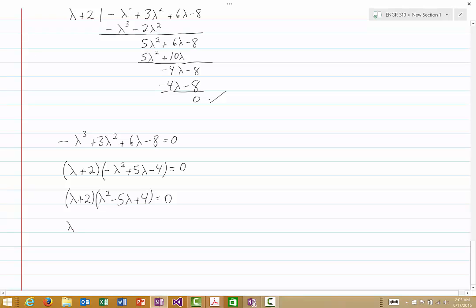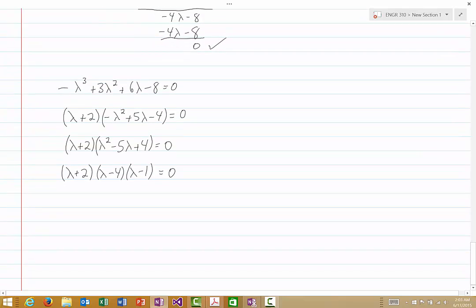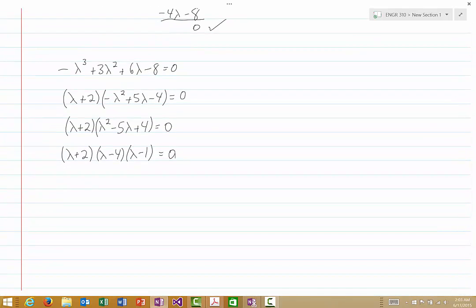Now, if you wish, you can use the quadratic formula to find the roots of this quadratic term, but it's easy to see that this will factor into lambda minus 4 times lambda minus 1. And so just as easy as that, we have all of the eigenvalues.